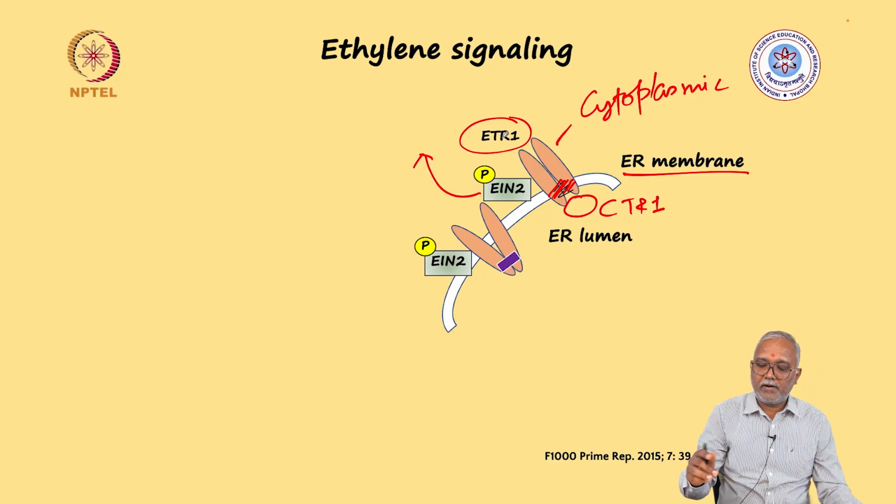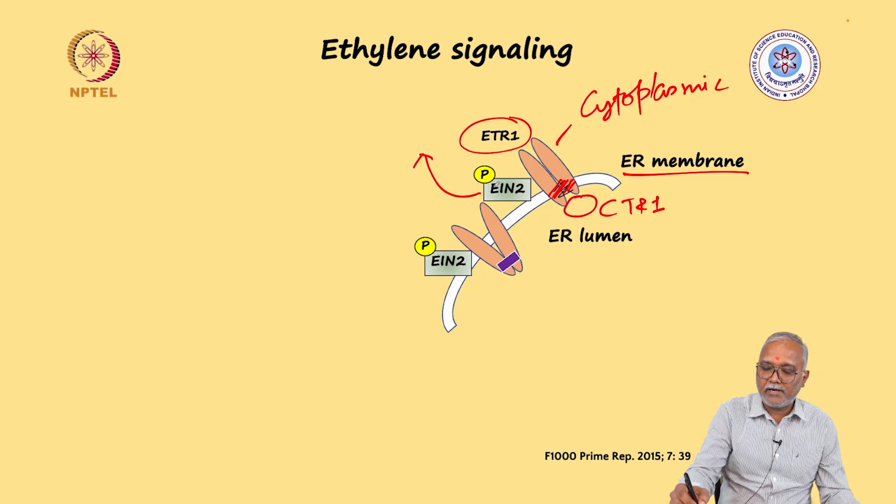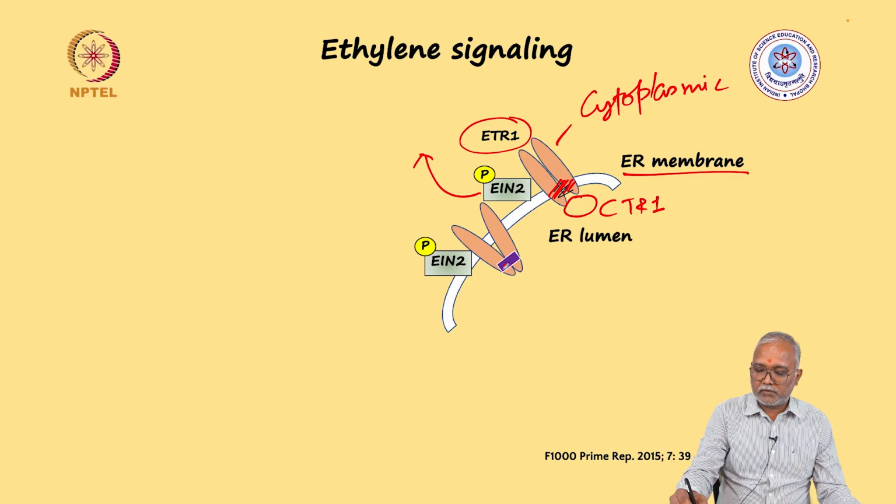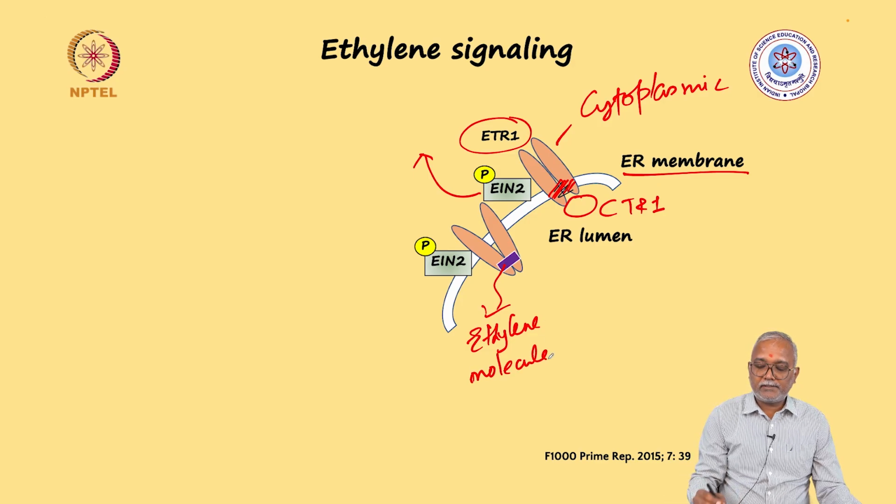And how does that happen? Here EIN2 is phosphorylated and stays in the vicinity. Now when ethylene is present, so this is your ethylene molecule, when it binds to ETR1, it brings a conformational change.